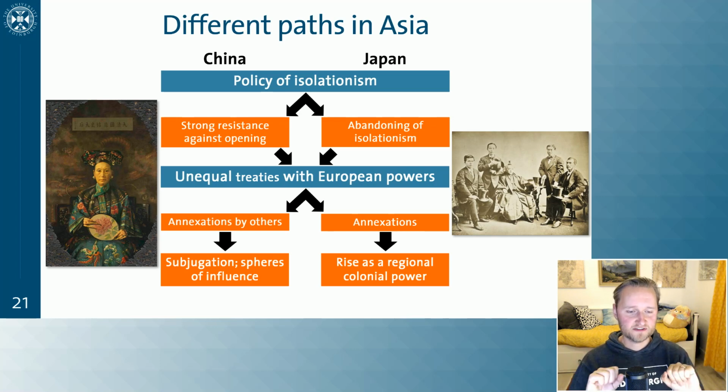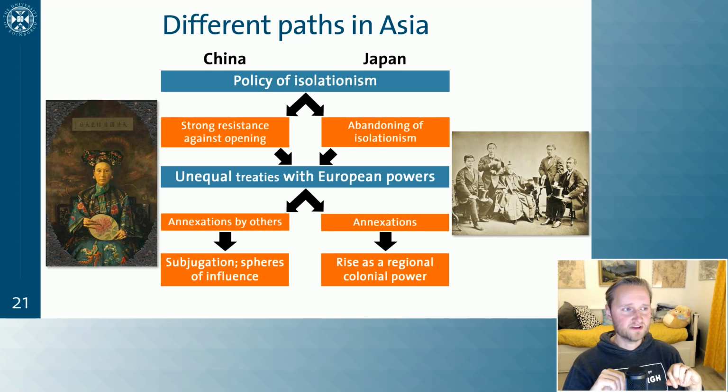They didn't really want foreigners in their lands. But the difference between China and Japan was that China very much stuck to this strategy. They very much didn't want foreign powers in, while Japan gradually abandoned this isolationism and opened itself up towards the outside.